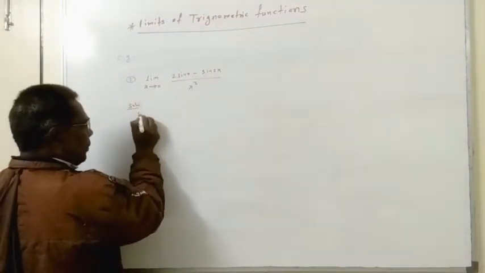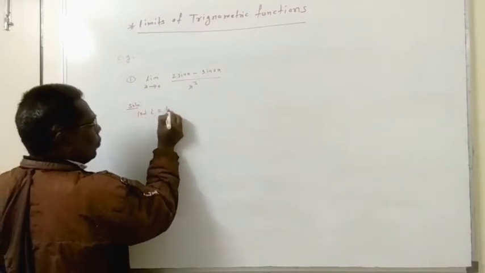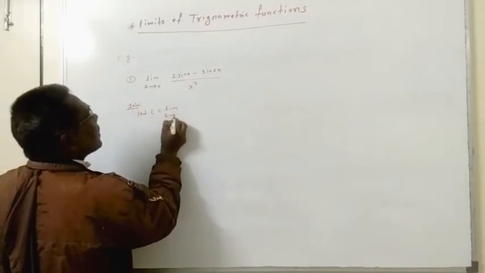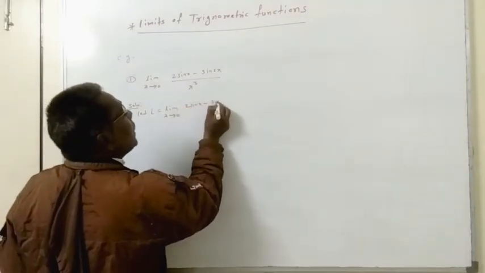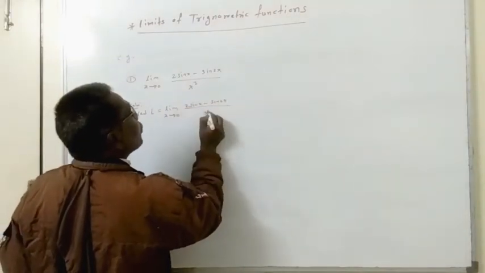Solution. Let L be equal to limit x tends to 0, 2 sin x minus sin 2x divided by x cube.